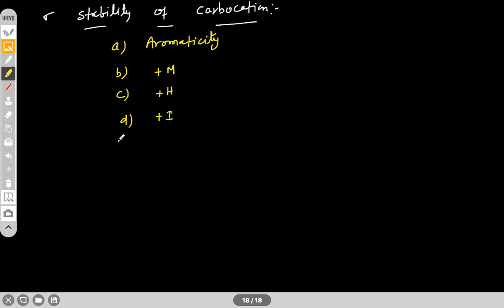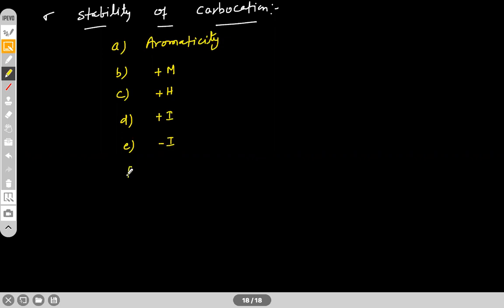All these effects stabilize the carbocation. Okay. After this we have minus I, minus H, minus M, and next, the last one is anti-aromaticity. Okay, this is the order of stability we have. This is what we have discussed.